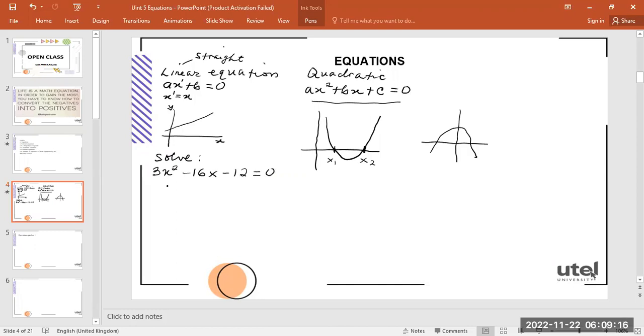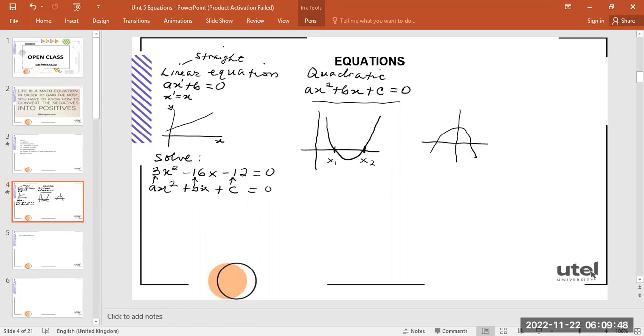You can see this is a quadratic equation, where if we compare it with the general form, which is ax squared plus bx plus c equals 0, you can see that a in this case is 3, b is minus 16, and c is minus 12. So that is what we mean by a quadratic equation.